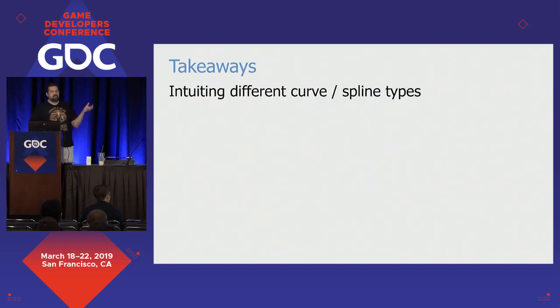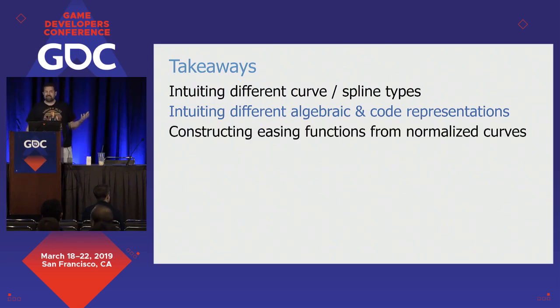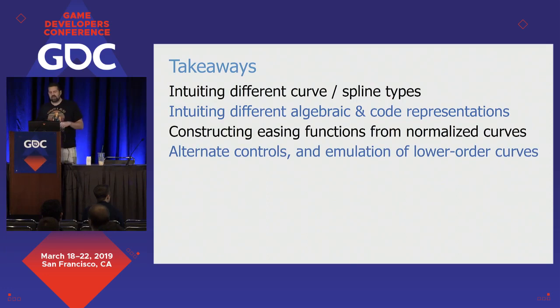More important than the topics, though, might be the takeaways. First, I want to help increase your intuition for curves and splines, what they are, right? Beyond what Wikipedia offers. Intuiting different algebraic representations and code representations, constructing easing functions like smooth step or any other custom weird thing you want to do from these kinds of curves.